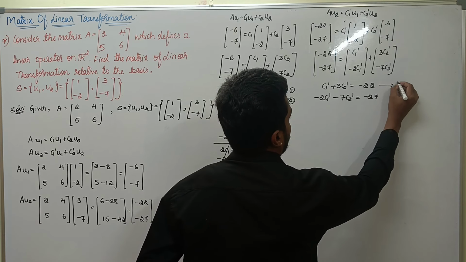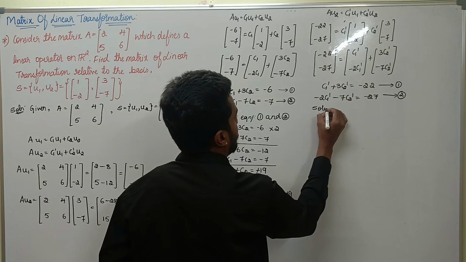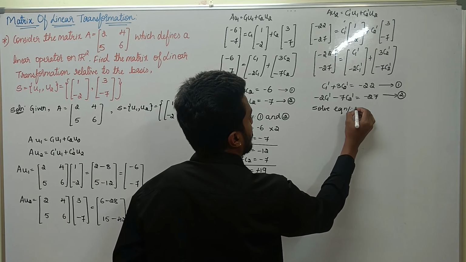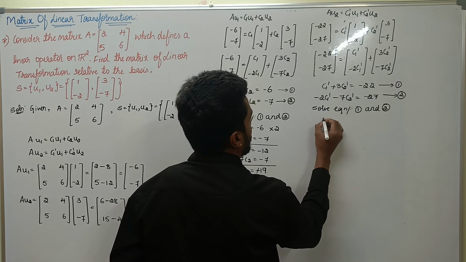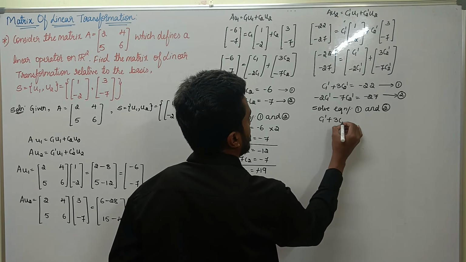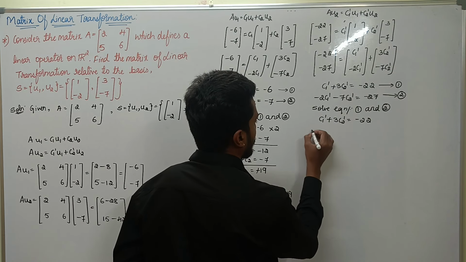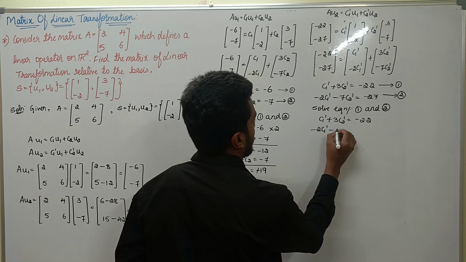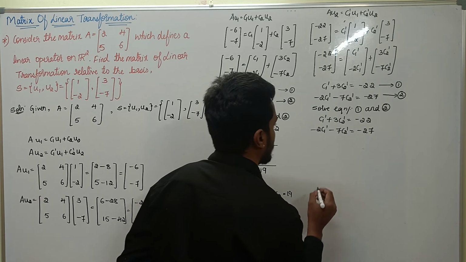Consider this as equation 1 and this as equation 2. Solve equation 1 and 2, that is C1 dash plus 3 C2 dash is equal to minus 22, minus 2 C1 dash minus 7 C2 dash is equal to minus 27.